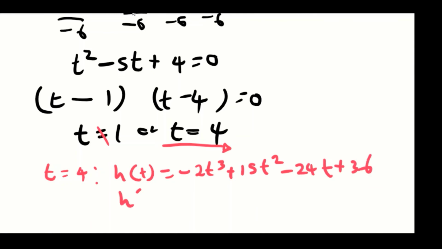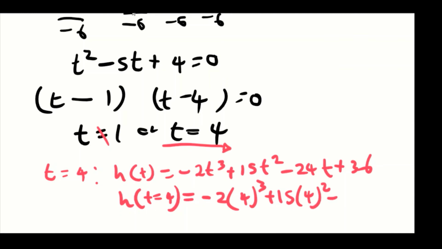Let's substitute t equals 4, because that's when this insect reaches maximum. So it's minus 2 into 4 to the power of 3 plus 15 into 4 to the power of 2 minus 24 into 4 and then plus 36.